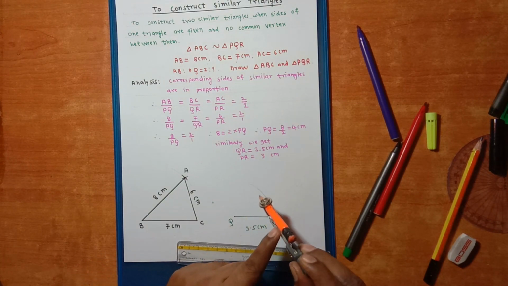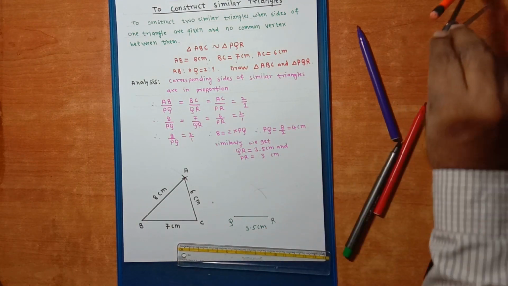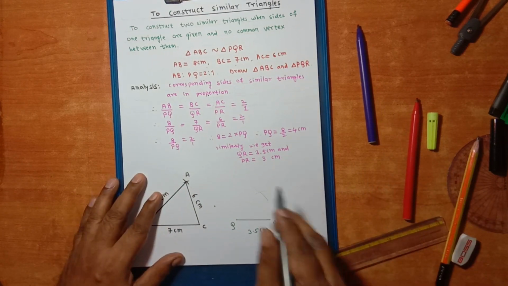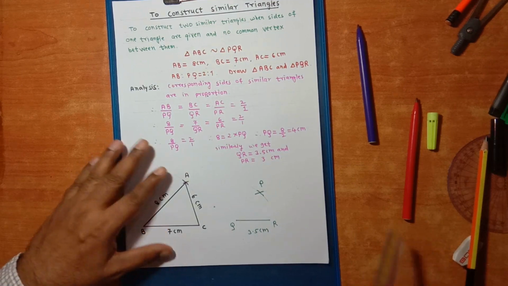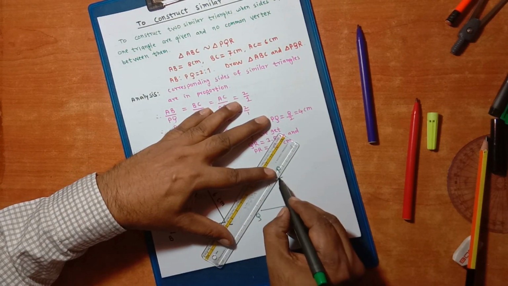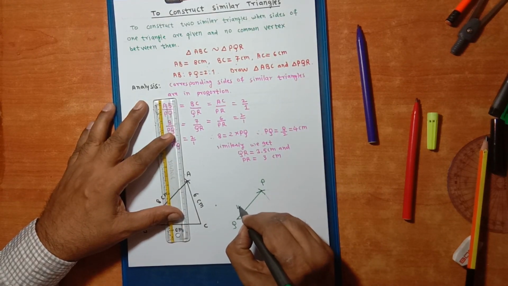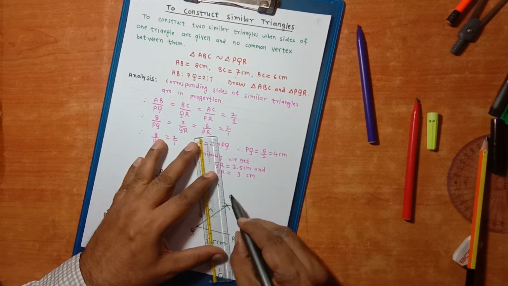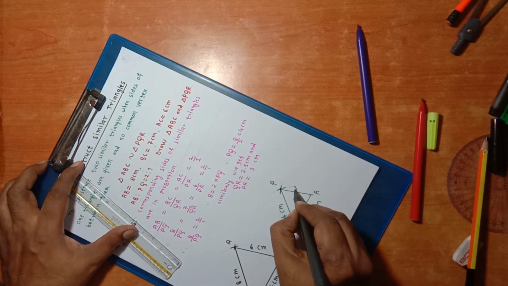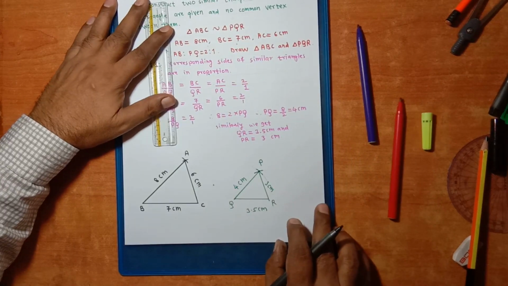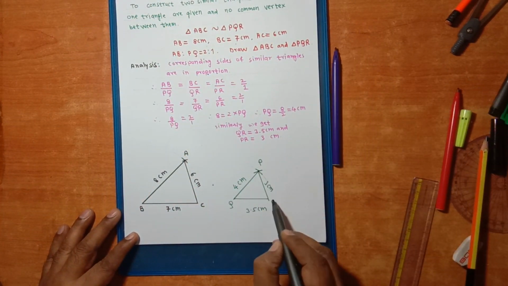Keeping the still point on R, I will draw an arc intersecting the previous arc like this. Here is my point P. I will join segment PQ whose length is 4 centimeter and segment PR whose length is 3 centimeter. So in this way we have drawn triangle PQR.